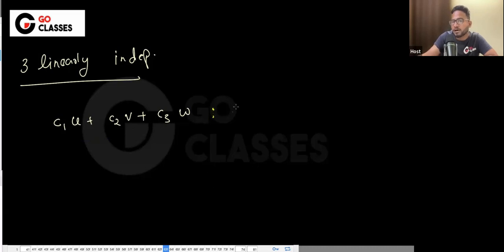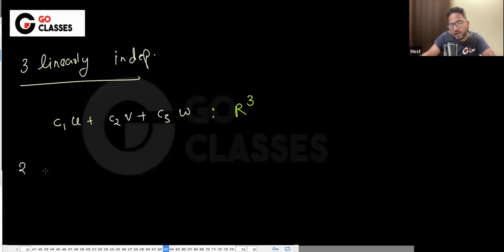They will produce R3, isn't it? If you take three linearly independent vectors, they will fill R3, which means the span, the vectors they cover, is the whole R3.